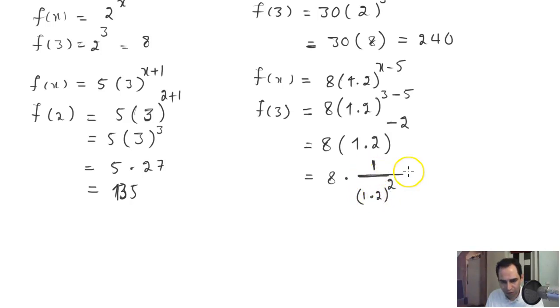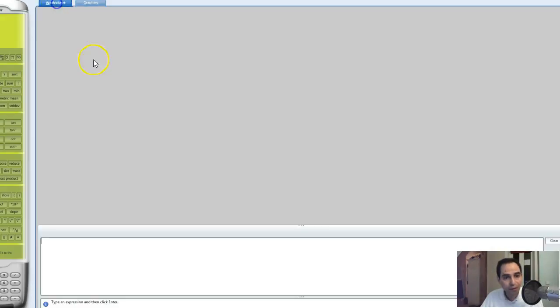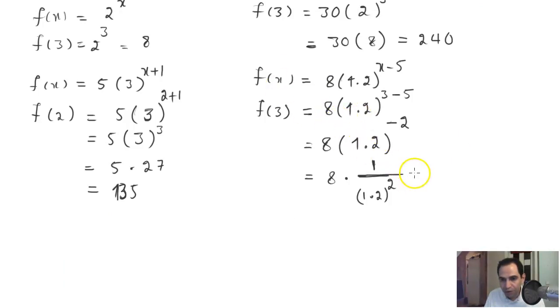1.2 raised to the power 2 is equal to 1.44. So this is 8 times 1 over 1.44, which is equal to 8 over 1.44.